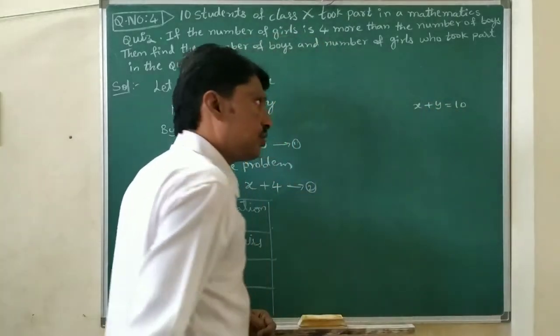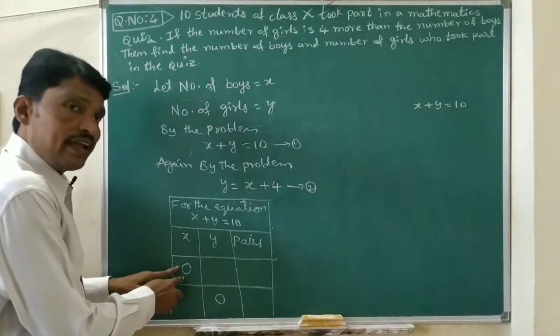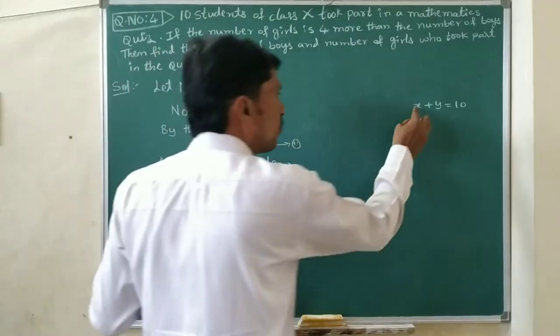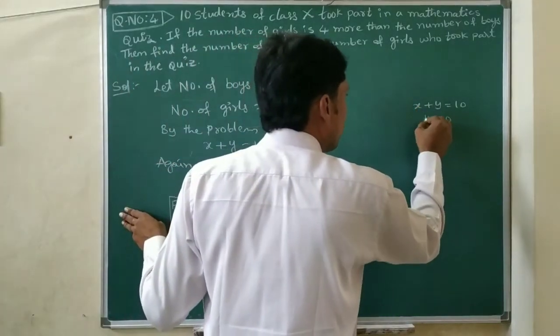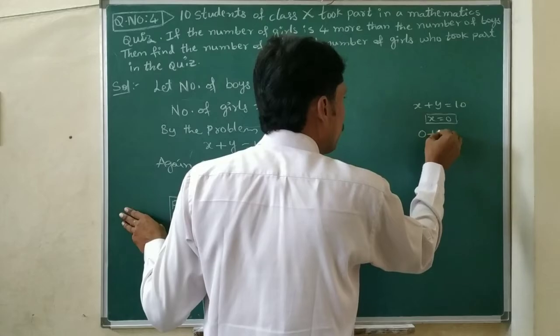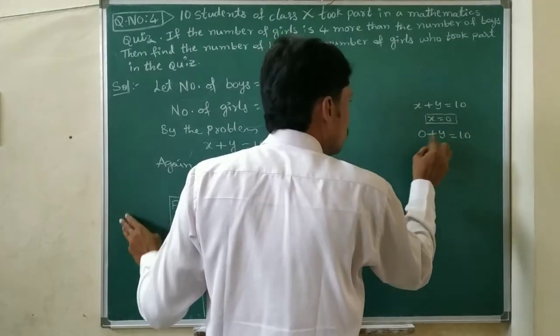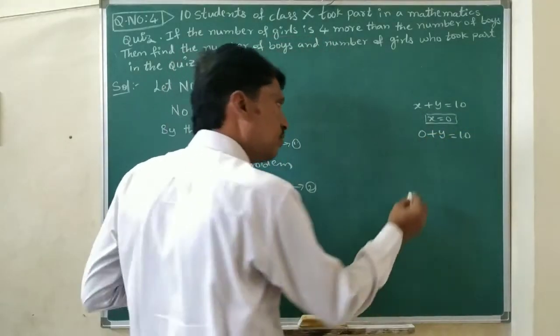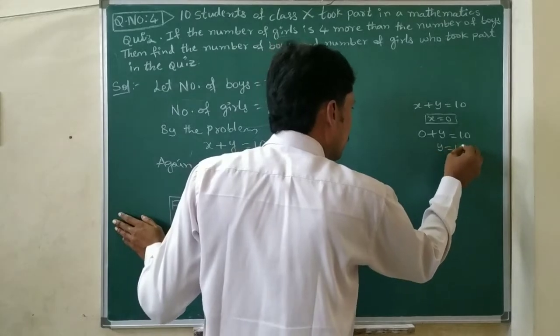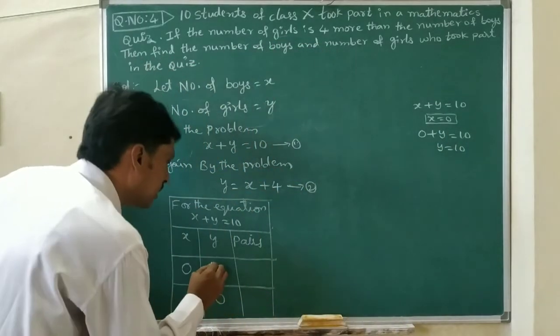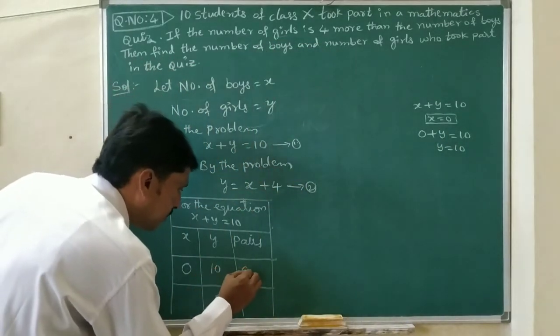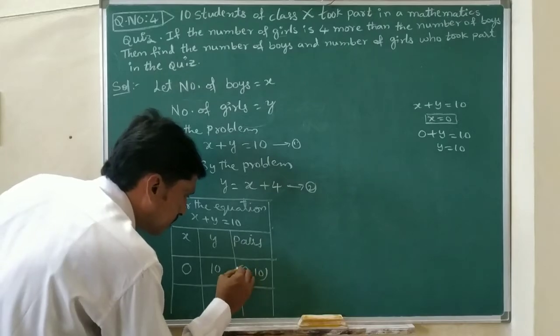x plus y equal to 10. Now we are assuming x value is 0. x value is 0 means we get 0 plus y equal to 10. 0 plus y, it is y equal to 10. So y value we got here is 10. Means this pair 0, 10 we are getting.